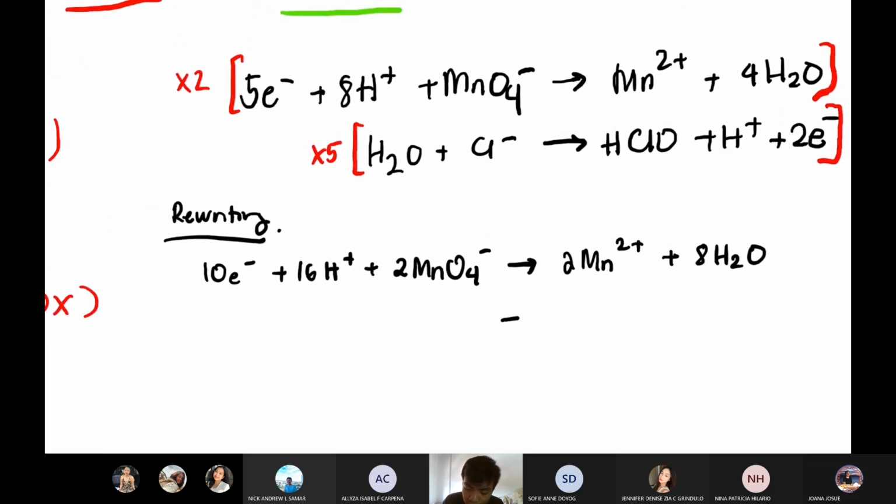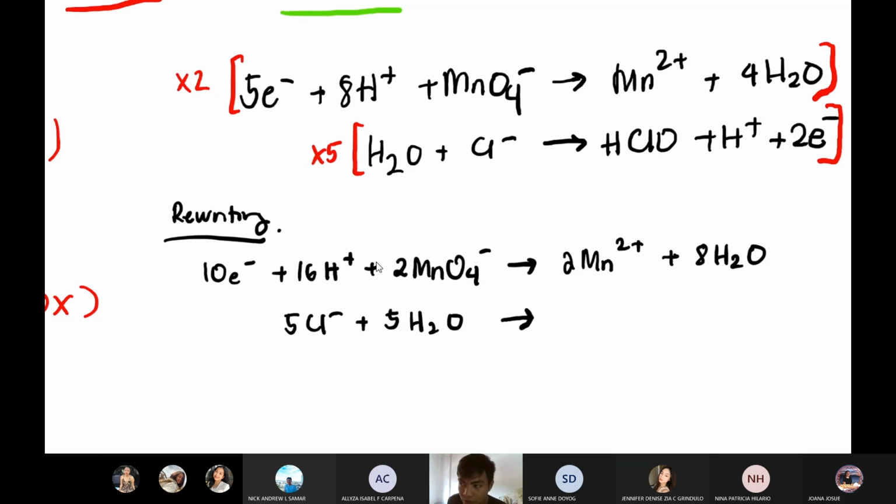How about the bottom equation? Times 5 naman yan. So, 5 times this. Yung Cl, ganun din, 5Cl. Napagbaliktad ko lang, pero okay lang kahit anong order. Okay lang yan. Additive naman yan di ba?